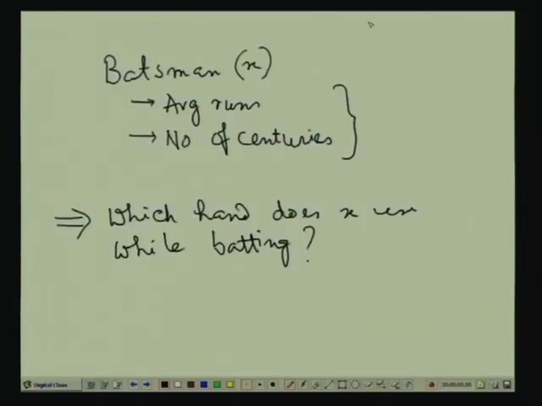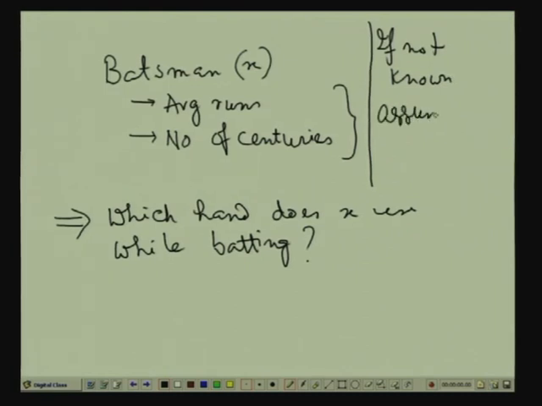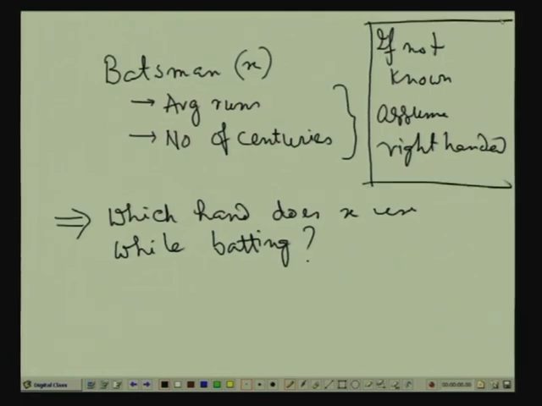However, if my reasoning mechanism says that for any such query, if not known, assume right handed, then with this power I will be able to answer this question and I will say right handed X.